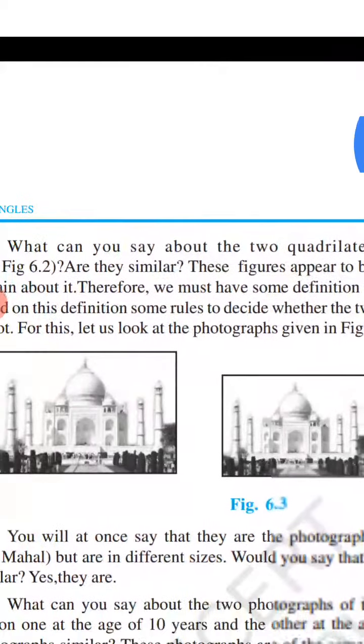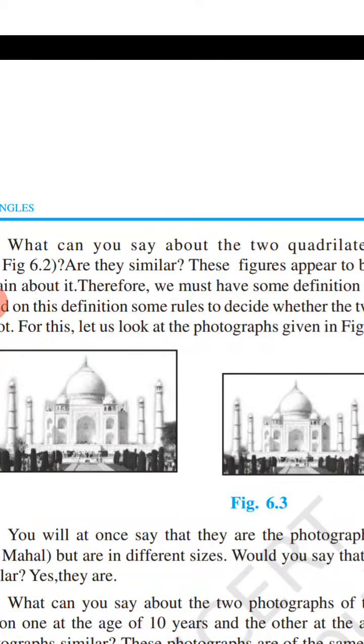You see, these two figures are similar. They are not in the same size, but they are identical in shape. So they are similar figures. Congruent figures are similar, but all similar figures are not congruent.